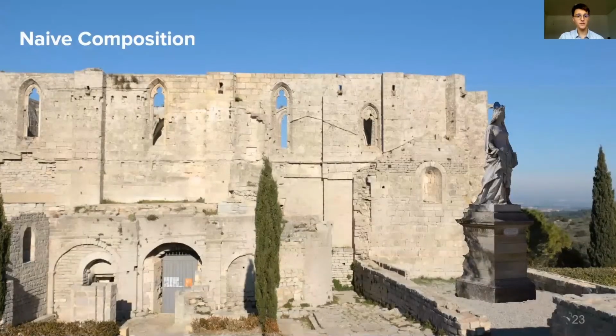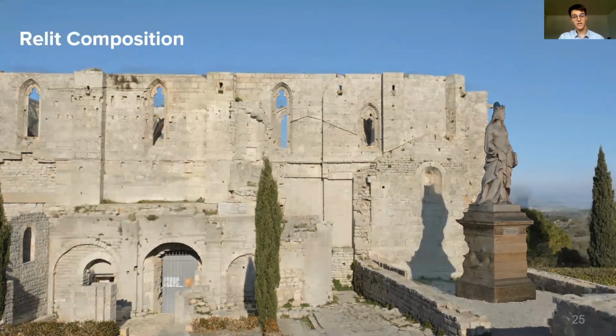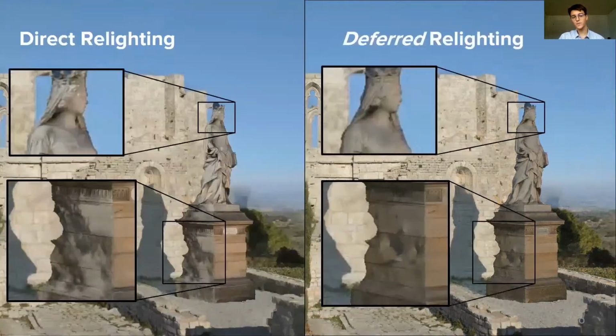So from this image, we get here after the first step of our approach, both the statue and the ruins are lit from the same sun position. And if we feed that once more to the network, this is the second step, we get the proper cast shadows. And this approach allows for much better shadow removal compared to directly using the network.